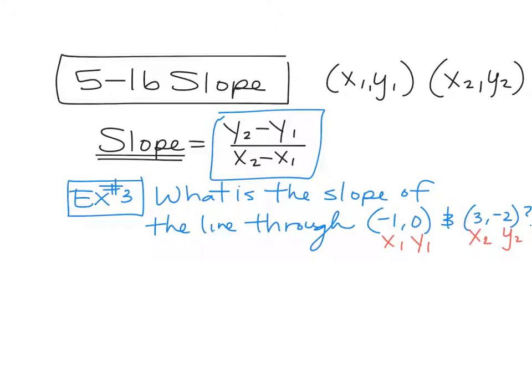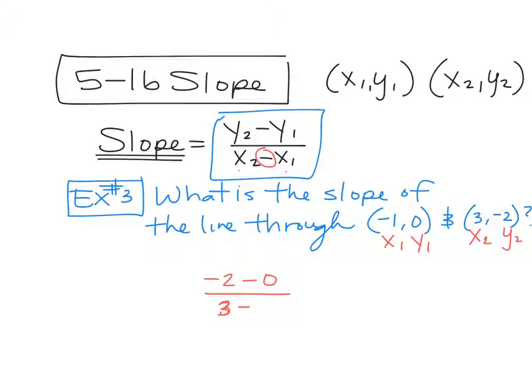Once you get to that point, now it's just a matter of plug it into the formula. So if our formula is y2 minus y1, what would that look like with the numbers we have? Right, so y2 is -2, y1 is 0, so that's the top of your slope, okay, your numerator. Your denominator is x2 minus x1. What's x2 right now? 3, okay, and then here's where you have to be careful also. It's subtraction in the formula.